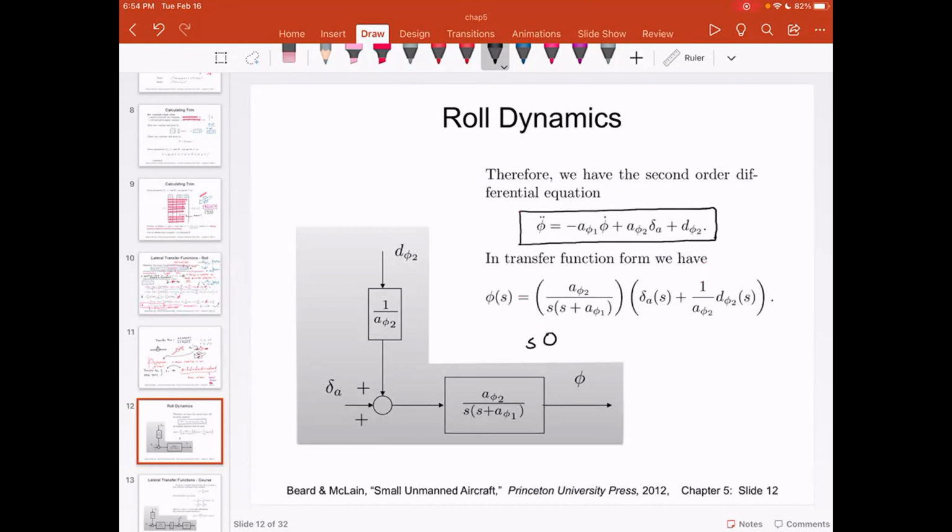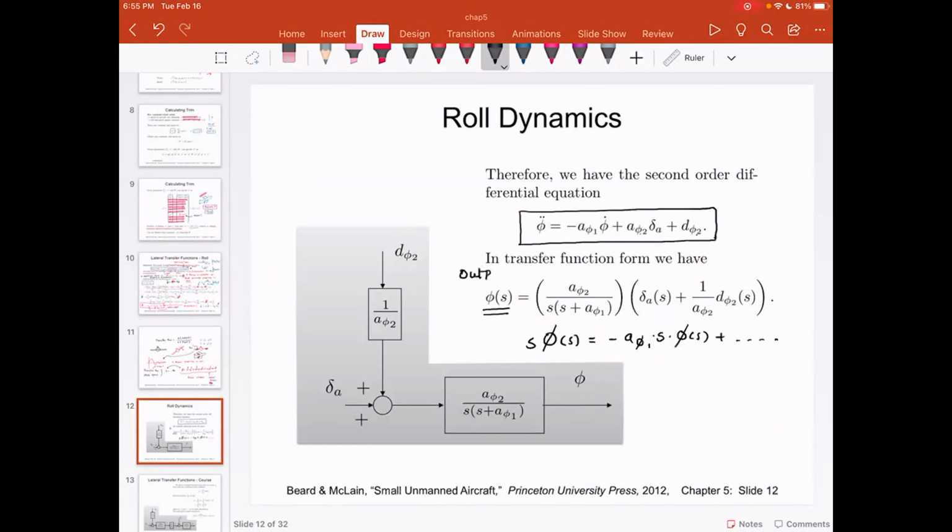This is going to become s capital Phi of s is equal to minus a phi 1 capital Phi of s plus, then I'm going to have these a theta, a phi 2 and d phi 2, all these terms. I want you to look at the final equation.